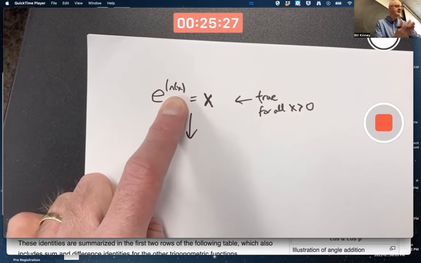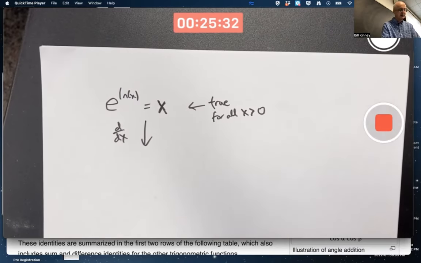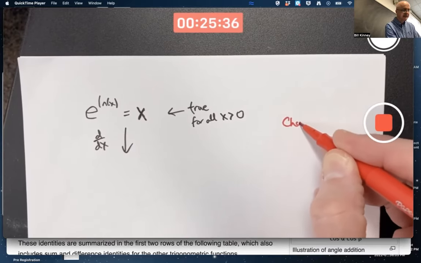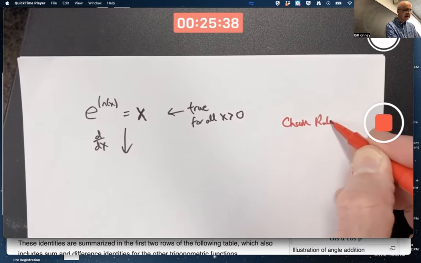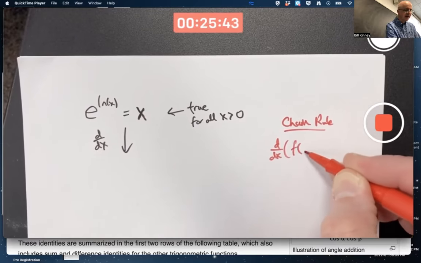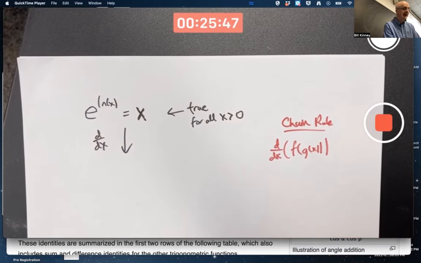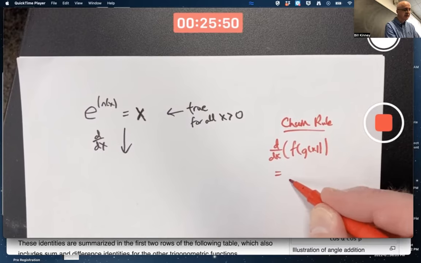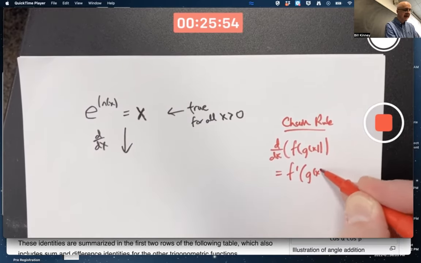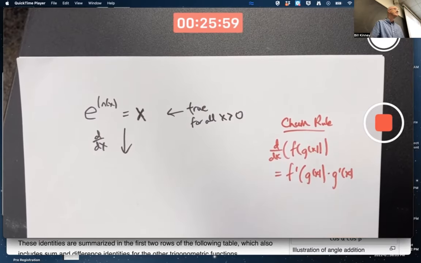So again, the chain rule says, here it is in abstract form: to take the derivative of a composition f of g of x, where g is the inside function and f is the outside function, you take the derivative of f, plug in g into that, and then multiply times the derivative of the inside function.